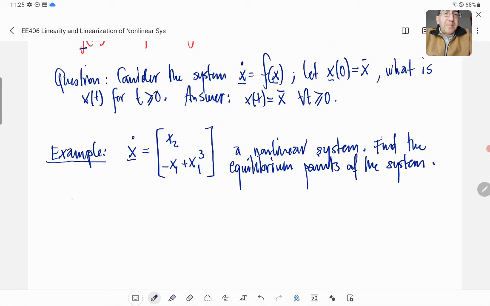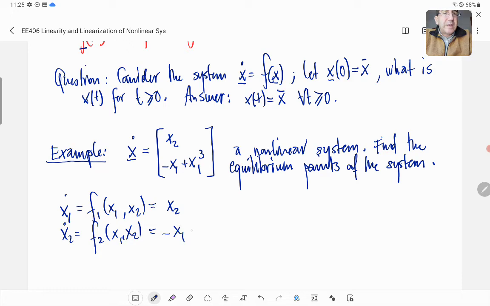Now, you see, x1 dot is equal to f1 of x1, x2. x2 dot is equal to f2 of x1, x2. Okay, and this is equal to x2, and this one is equal to minus x1 plus x1 cube. Okay, so f1 of x1, x2 equal to 0 gives you x2 is equal to 0.